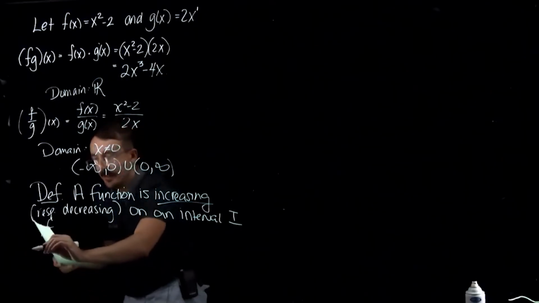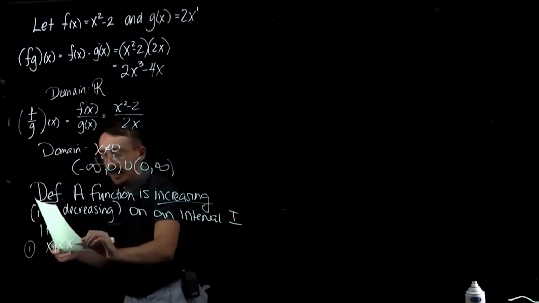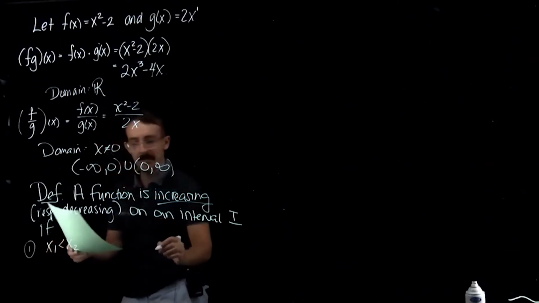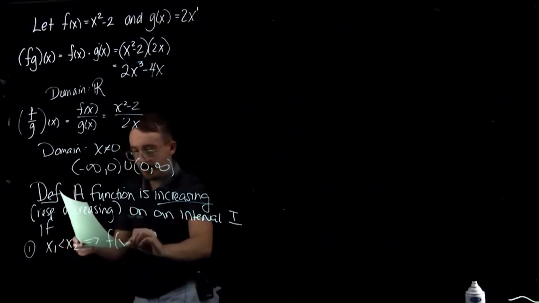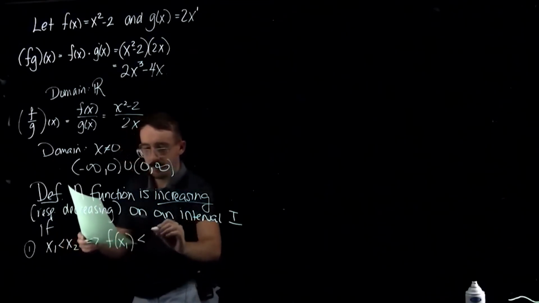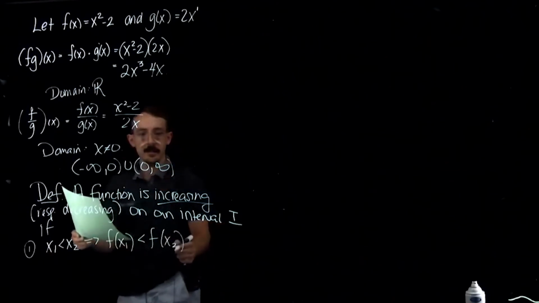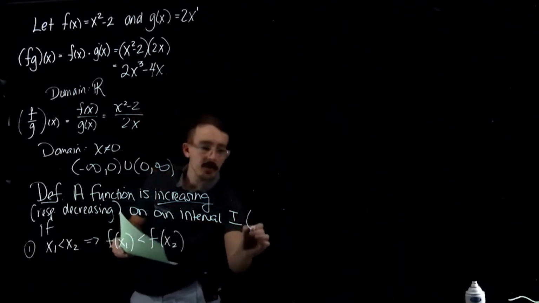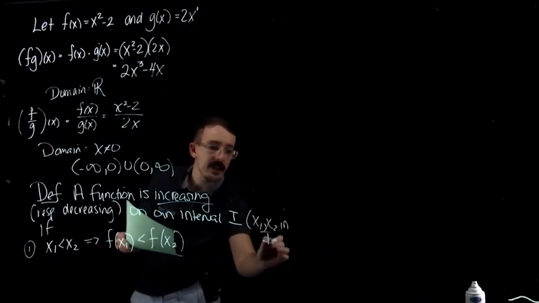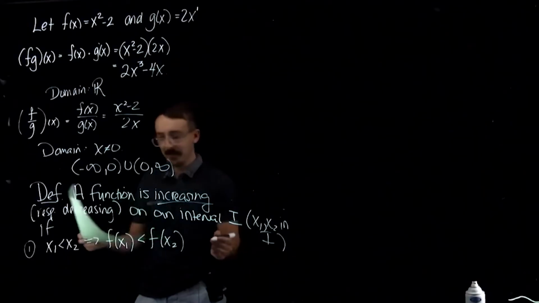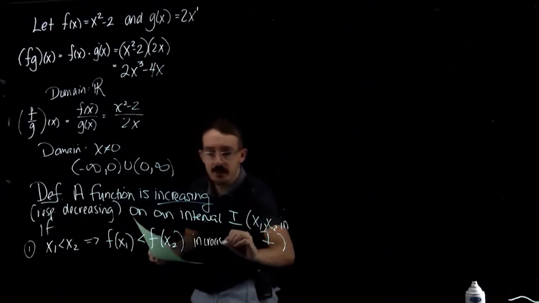So the first one will be: if x1 is less than x2, then the function at x1 is less than the function at x2. We're going to say x1 and x2 are in the interval, so they're in I. I'll just put that over here. So this is what it means to be strictly increasing.